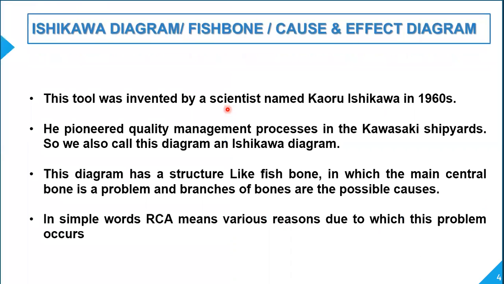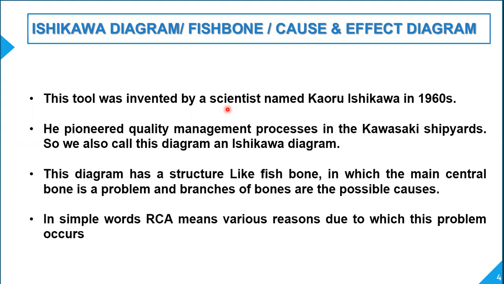Well, the fishbone diagram is also called the Ishikawa diagram and also the cause and effect diagram. This tool was invented by a scientist named Kaoru Ishikawa in the 1960s. He pioneered quality management processes in Kawasaki shipyards. So we also call this diagram the Ishikawa diagram.